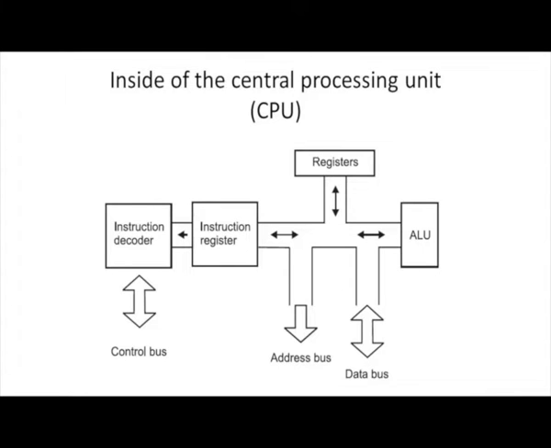There are other registers in the CPU, like the instruction decoder that decodes an instruction fetched from the main memory and issues appropriate control signals for fetching the data and executing the instructions, and after that storing the results.